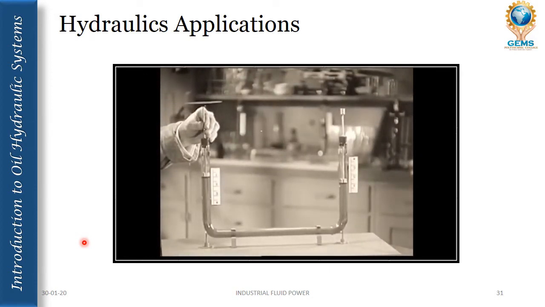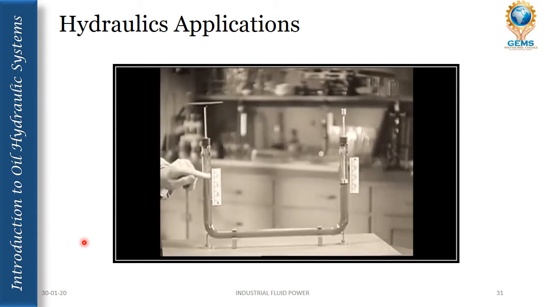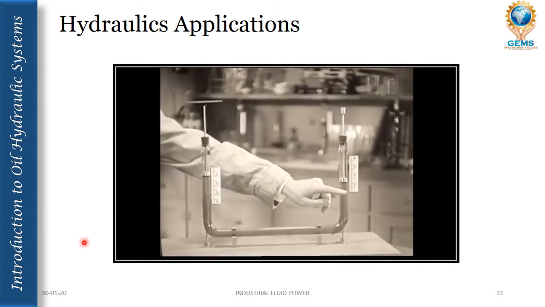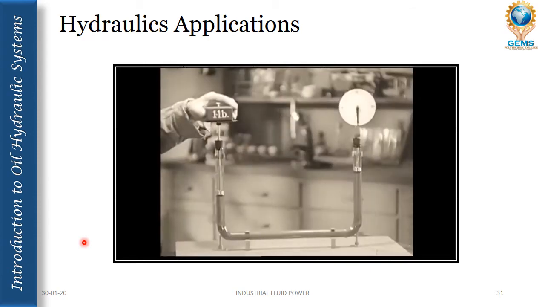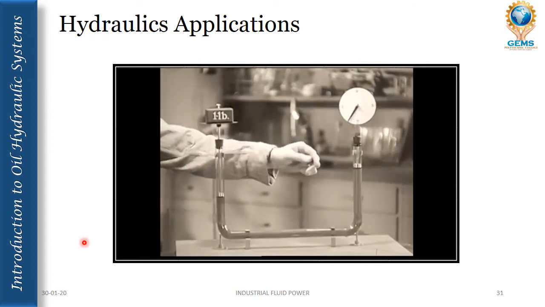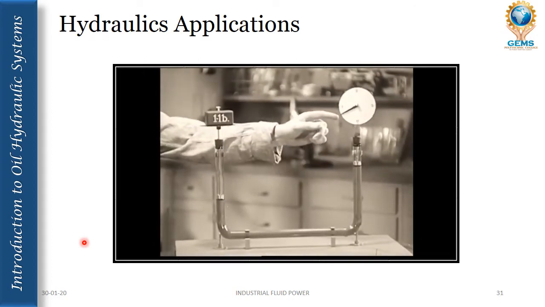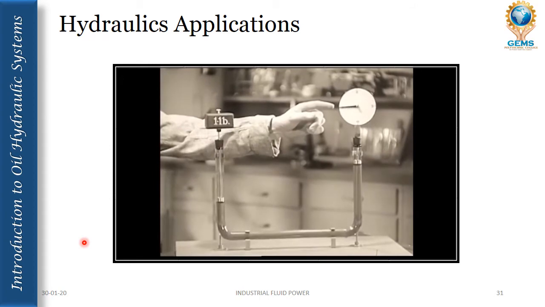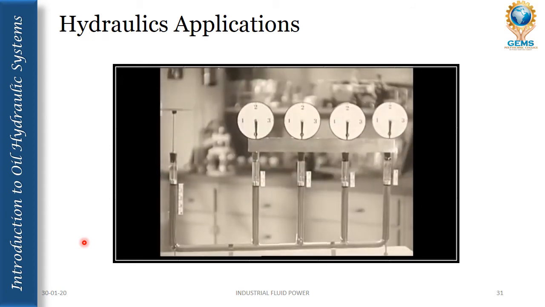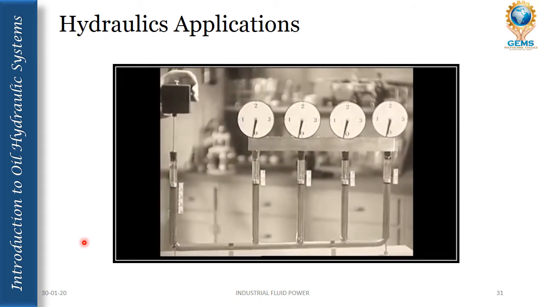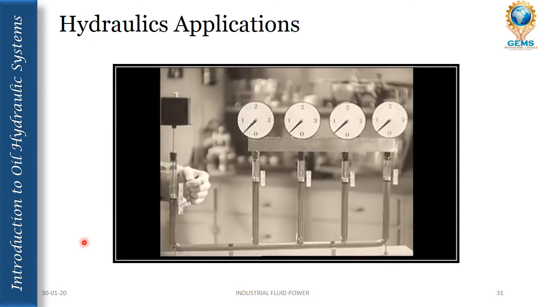When one plunger is pushed down an inch, the other end comes up an inch, and a pound of pressure exerted at one end is transmitted to the other. Suppose we have 4 pistons at one end and only 1 at the other.